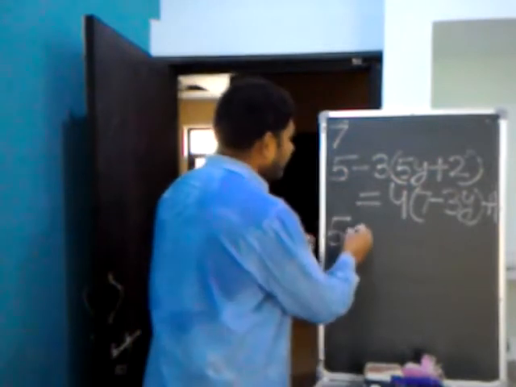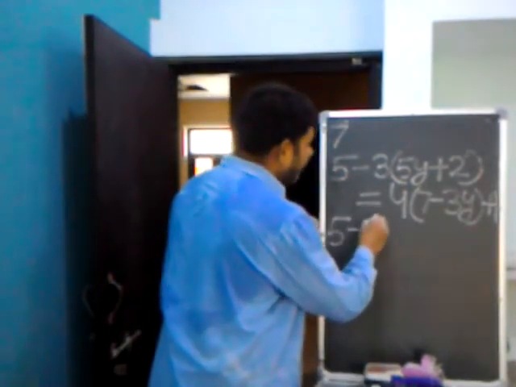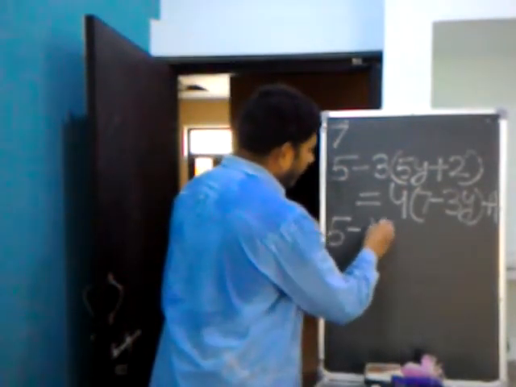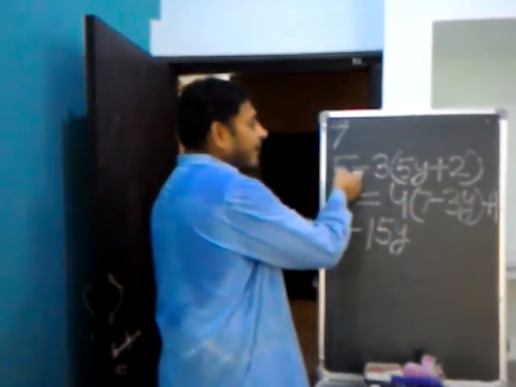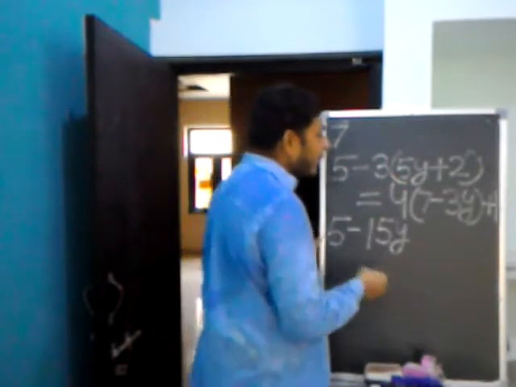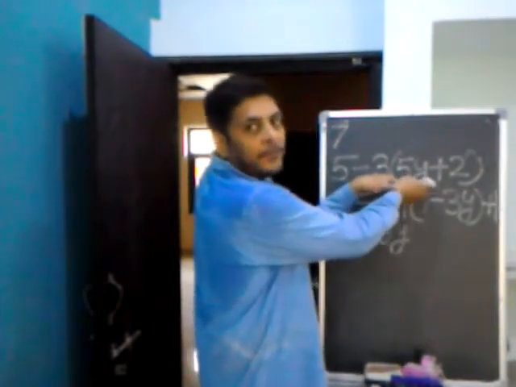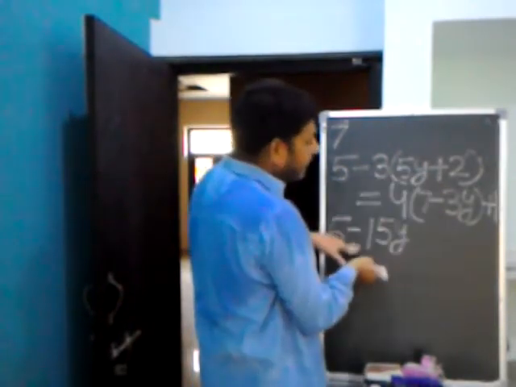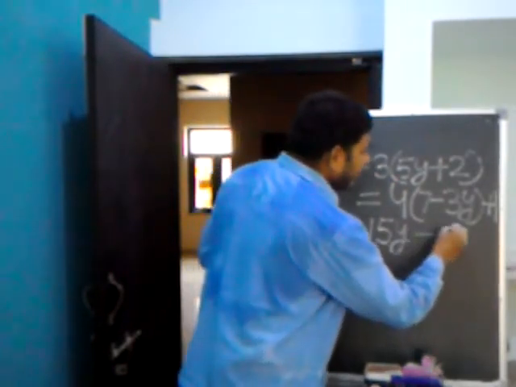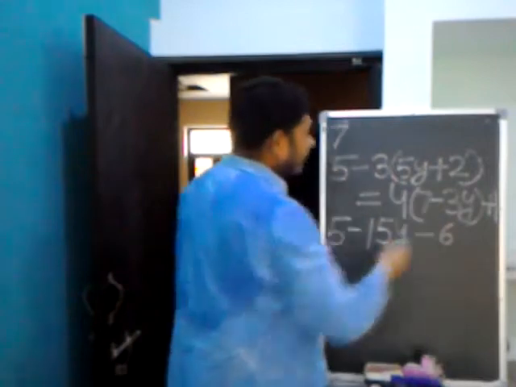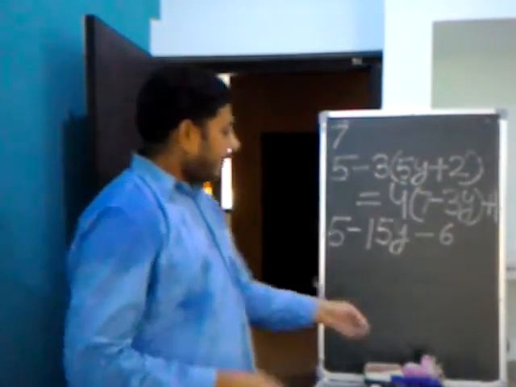So I multiplied it: minus 3 multiplied by 5y, 3 times 5 is 15y. 3 has a sign of minus, so it is minus 3, a negative integer multiplied by a positive integer 5y, and the answer is a negative integer, minus 15y, and minus 3 times 2 is minus 6. This is my left hand side.